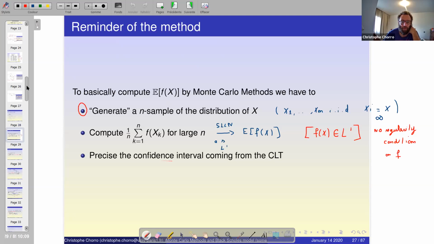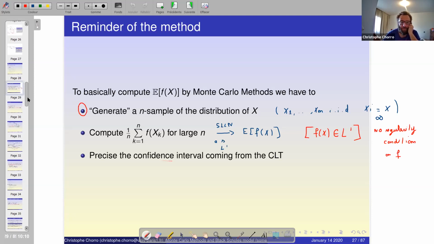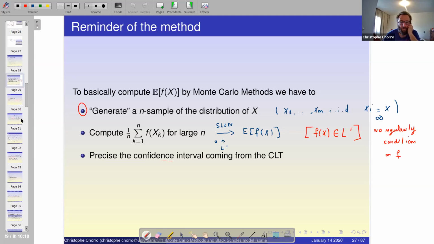But it's not that simple, because a course on Monte Carlo methods will start in fact now. A course on Monte Carlo methods is not just to say that we use the central limit theorem and the strong law of large numbers, and you have a random way to approximate an expectation and to control the error through asymptotic confidence intervals. No, because if you just naively apply Monte Carlo methods this way, in general they are very bad.